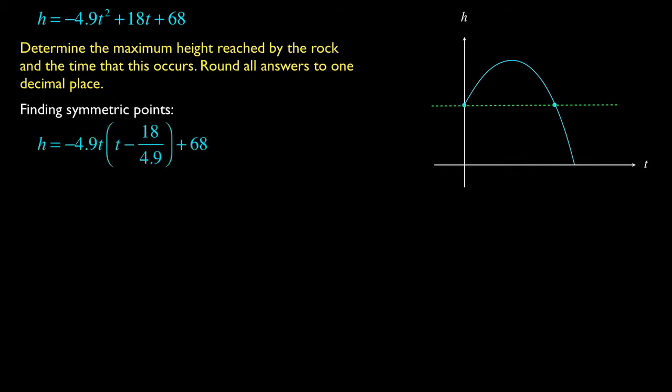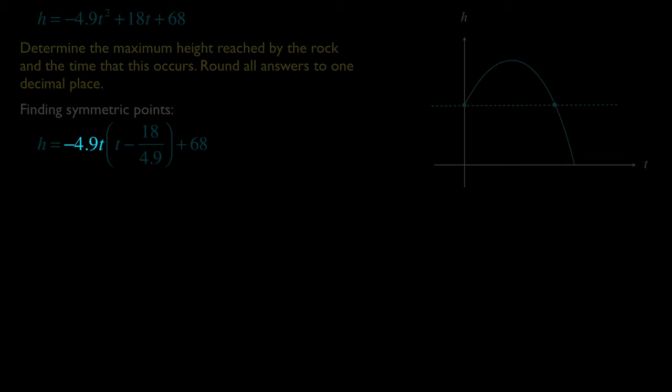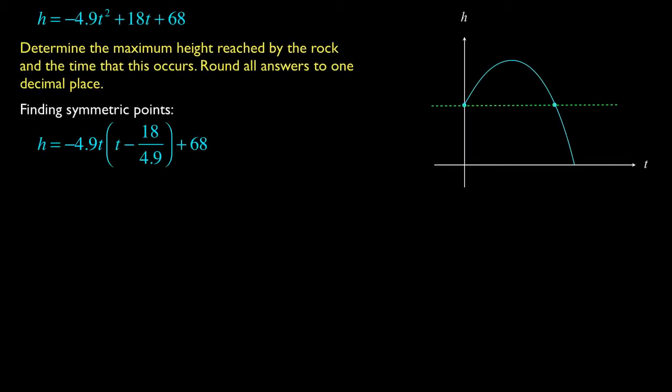I common factor out my negative 4.9t out of the negative 4.9t squared plus 18t. What I have left behind inside the brackets is 18 divided by 4.9. And I'm not too worried about that because I can grab my calculator when I need to get that value.